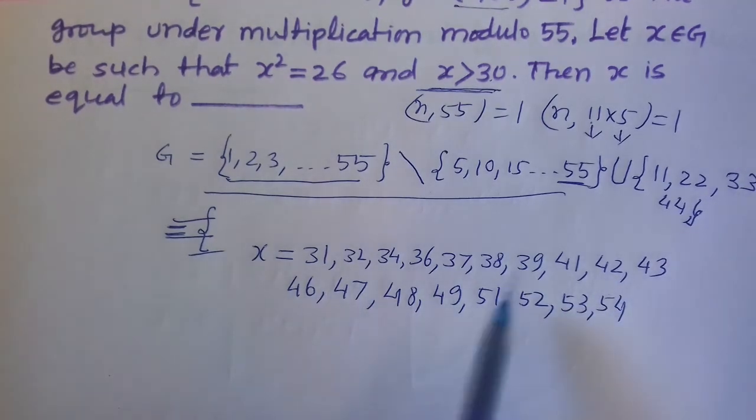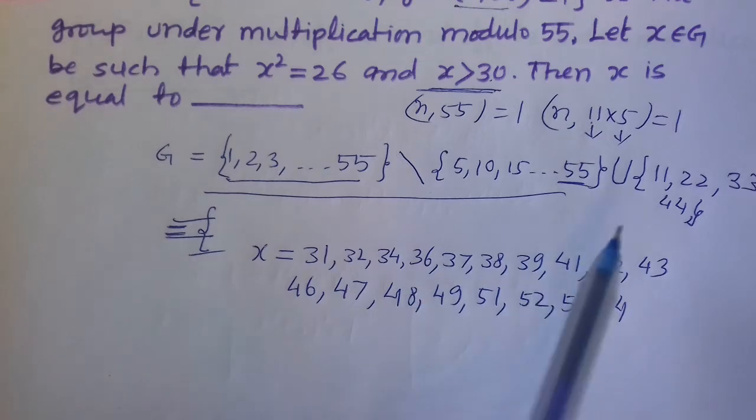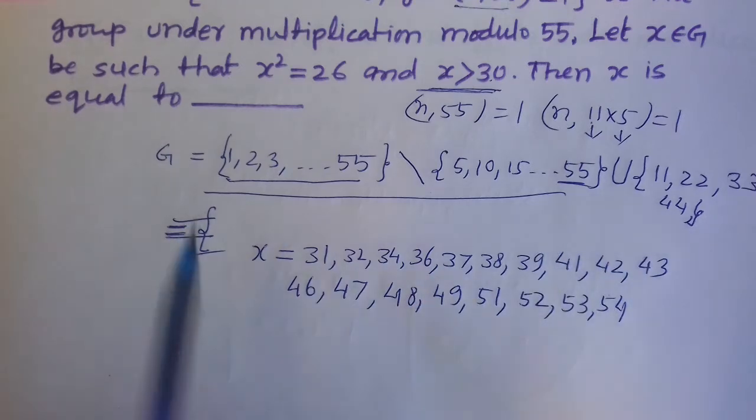You can see that all numbers are greater than 30 and these numbers are not multiples of either 5 or 11.